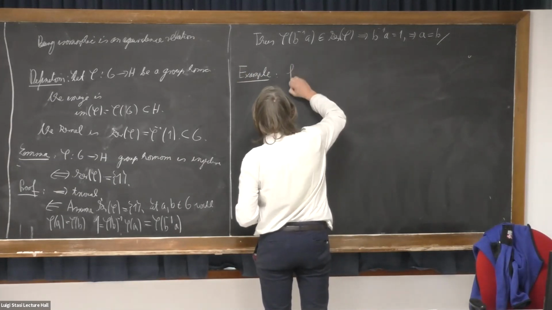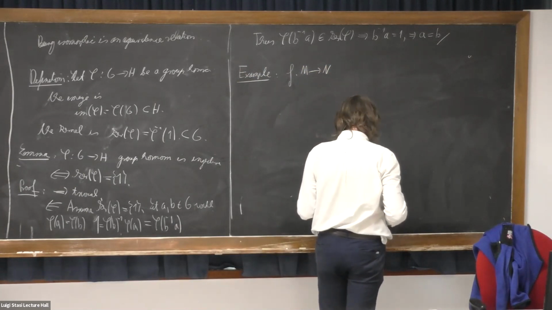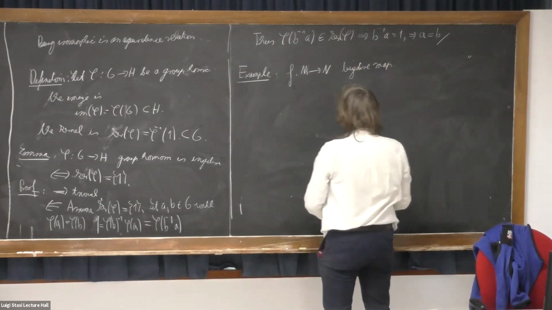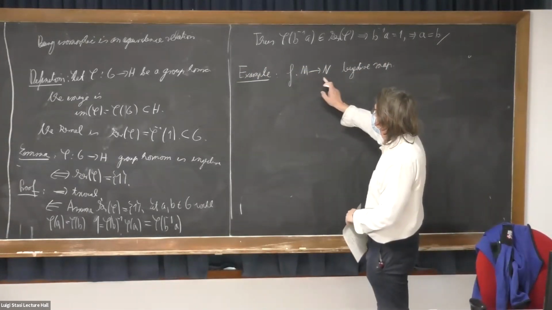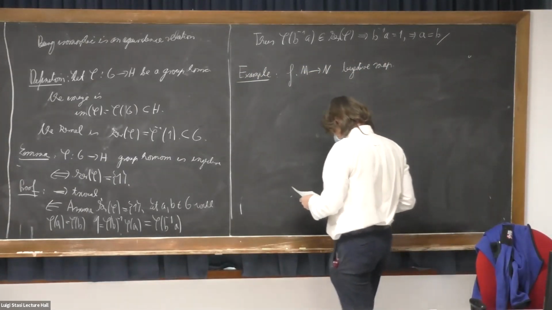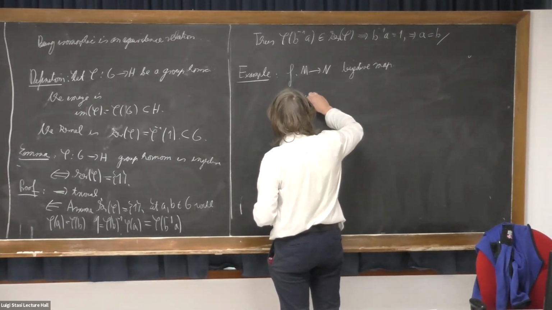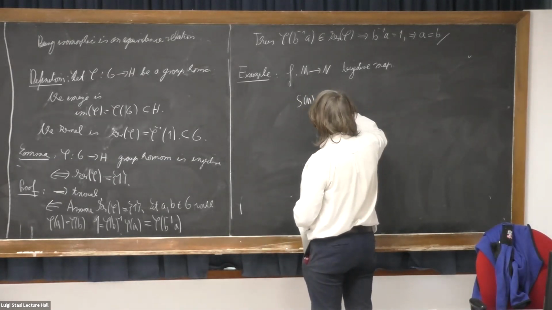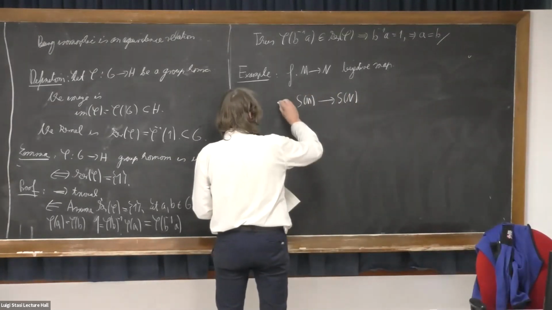So F from M to N is a bijective map. We can use this to compare the symmetric group on M and on N. So say we make a map from the permutations of M to the permutations of N.